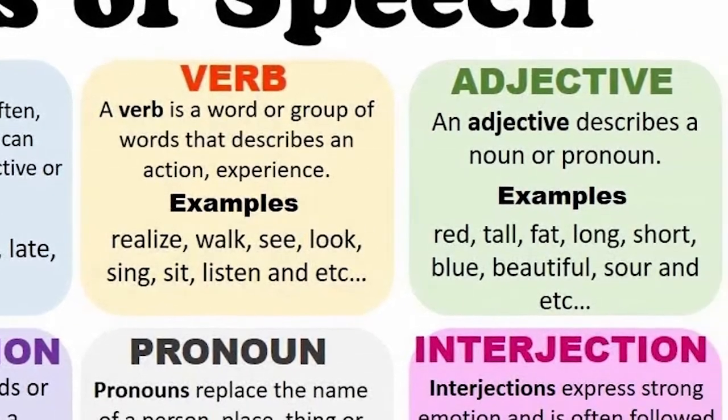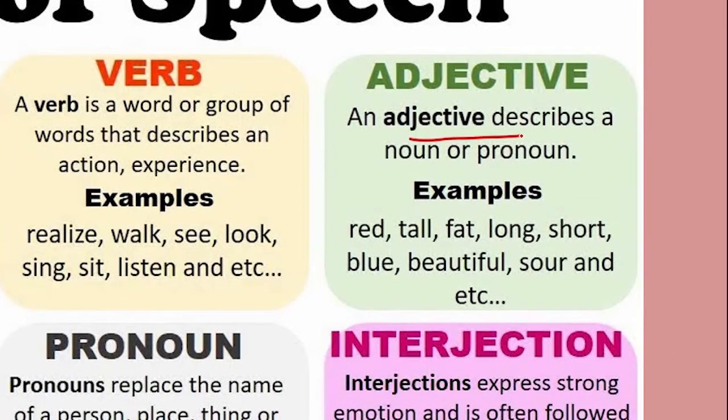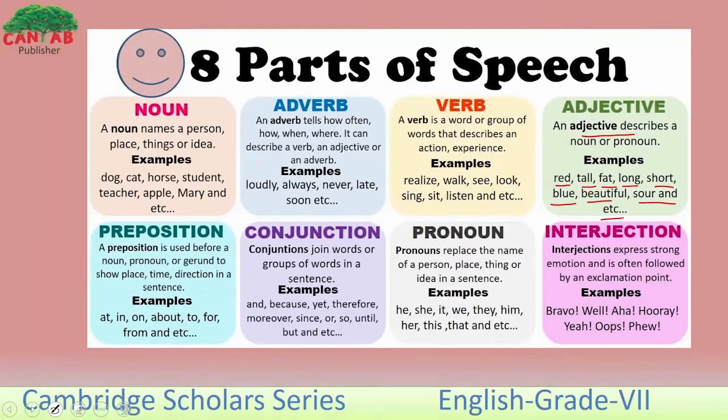Now look at the adjectives. An adjective describes a noun or pronoun. Examples are red, tall, fat, long, short, blue, beautiful, sour, etc. Let me give you an example in the form of a sentence. She has a blue shirt.